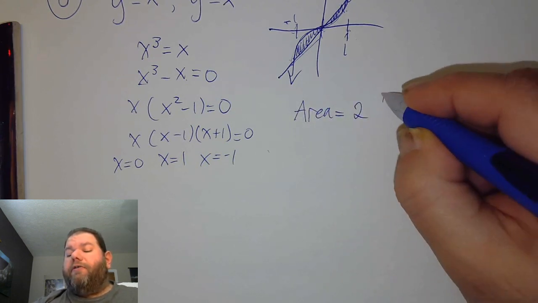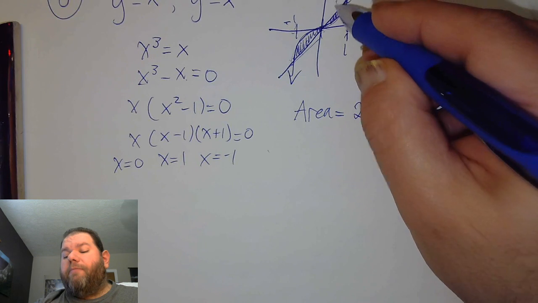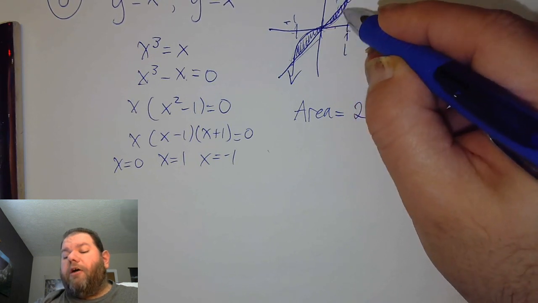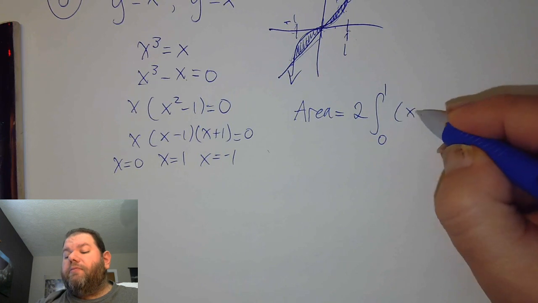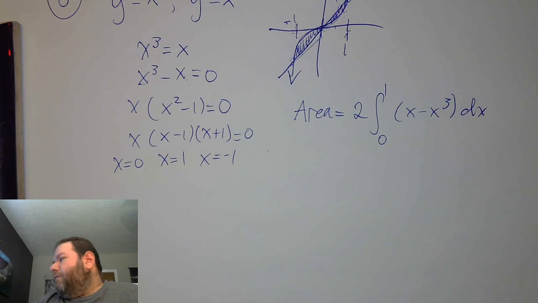So we can say the area is 2 times the area from 0 to 1, which here would take the top minus bottom, so top is x, bottom is x cubed, dx. So we can either do 2 integrals or do 1 integral and then double the result. We can't always use symmetry like this to help us out, but in this case, because we know that it's symmetric, we can go ahead and do that.